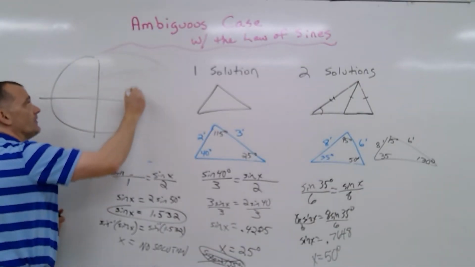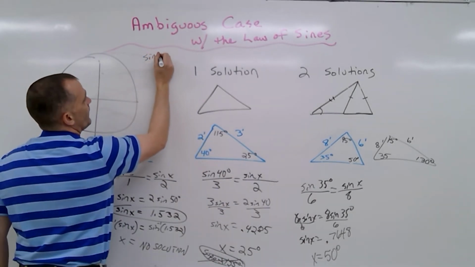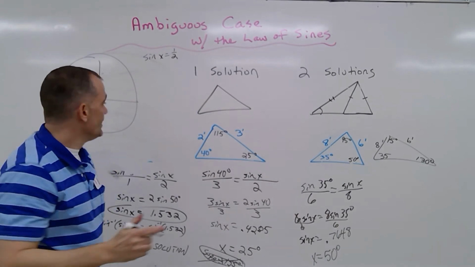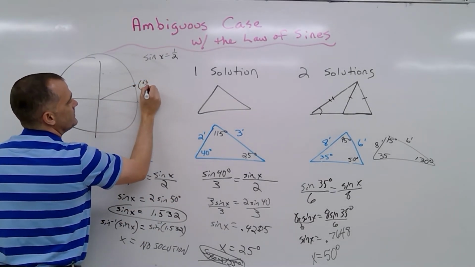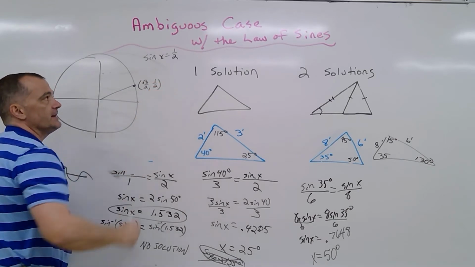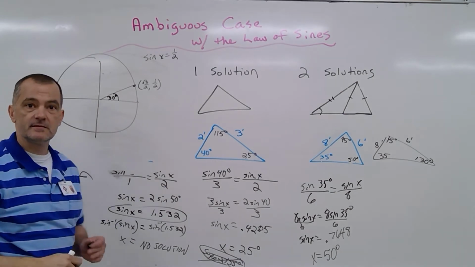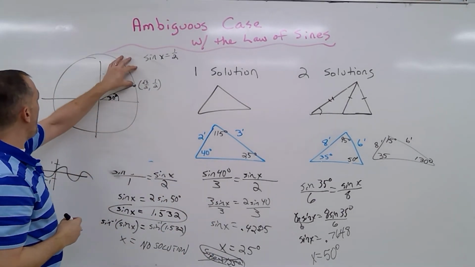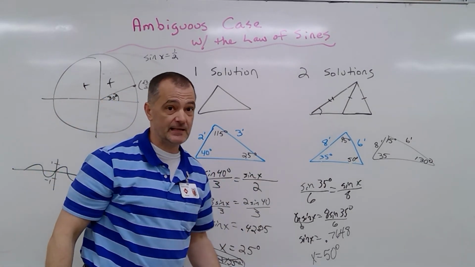When we think about the unit circle, and I were to ask you to solve what is the sine of x equals 1/2, you would say, oh, I'm looking for a y value that is equal to 1/2, and that occurs at 30 degrees. But also remember that, all students take calculus, sine is positive in both the first and second quadrant.